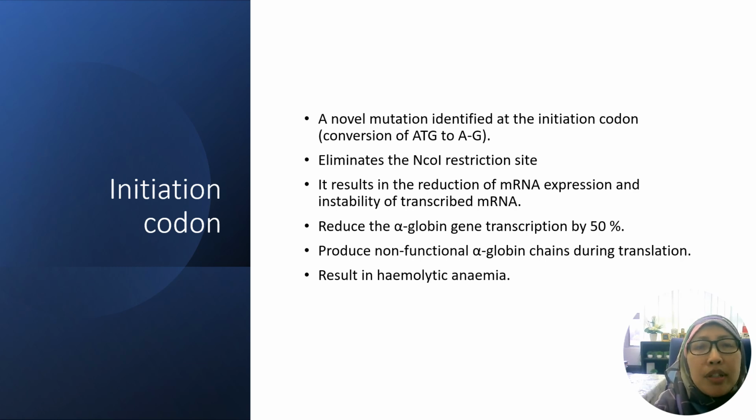Specifically, this mutation will reduce the alpha-globin gene transcription by 50%. The mRNA transcribed from the mutated gene will produce non-functional alpha-globin chains during translation. Therefore, this condition will result in hemolytic anemia.